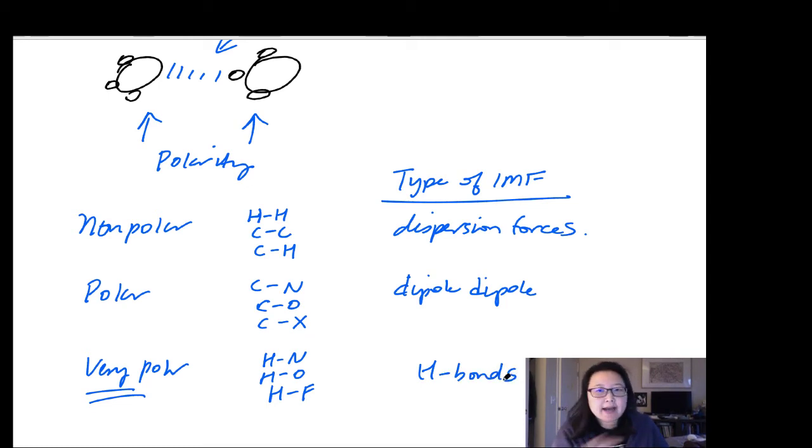Now, these are not hydrogen-hydrogen bonds. They are called hydrogen bonds because the electronegativity difference is greater when you have something with a small electronegativity, and hydrogen has a small electronegativity compared to the other types of atoms we see, like nitrogen, oxygen, and fluorine.